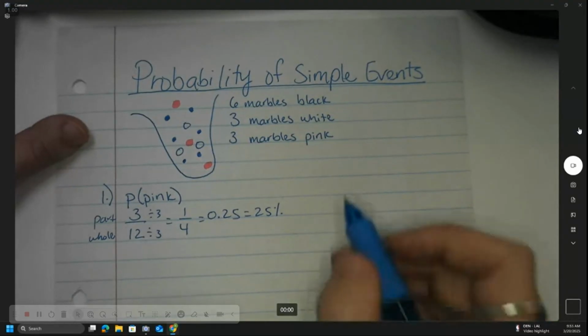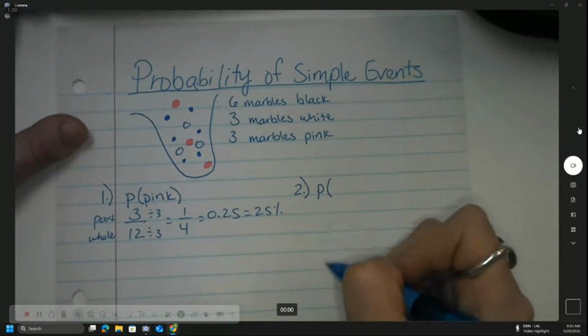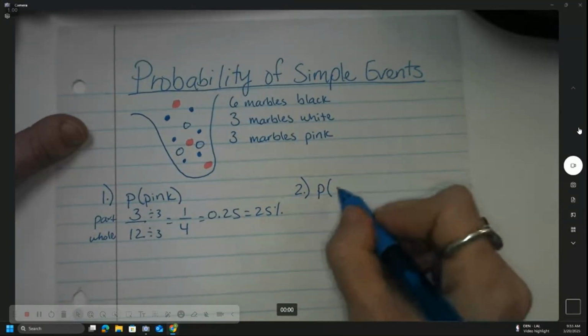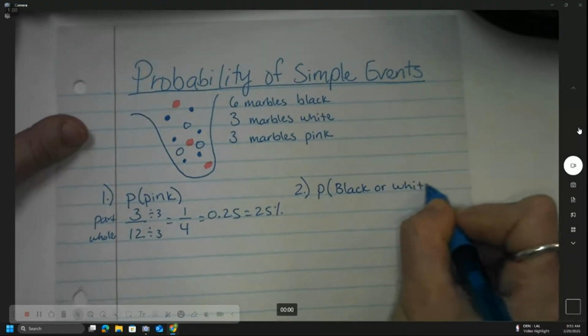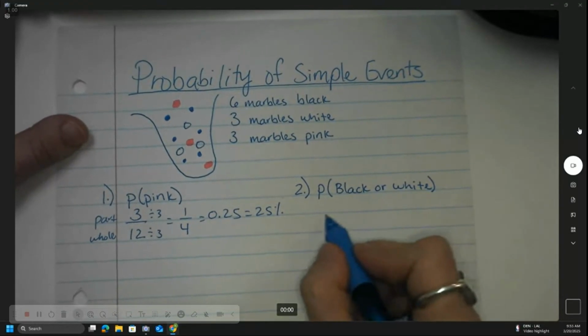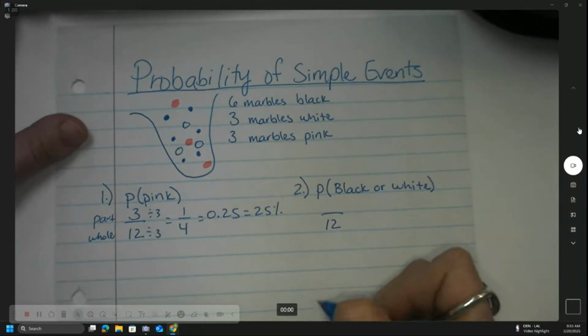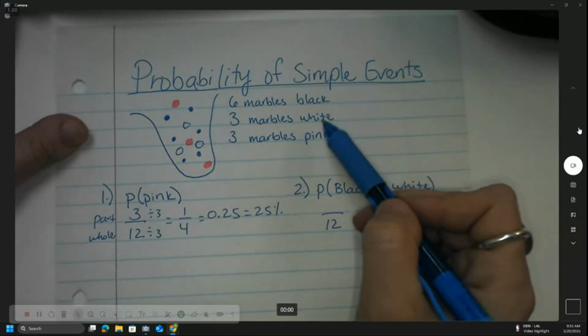Let's say, for example, number 2, what is the probability, that's what that P means, if you pull out a black or white marble? Well, how many in total do we have in all? We have 12. How many are black or white? So add those together. Black or white, 6 plus 3, which is 9.